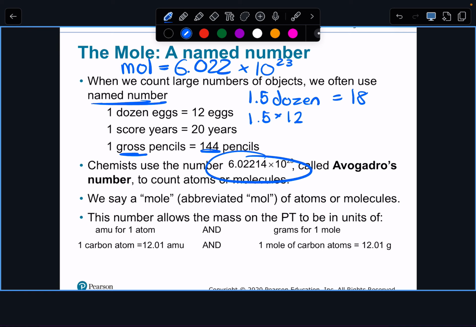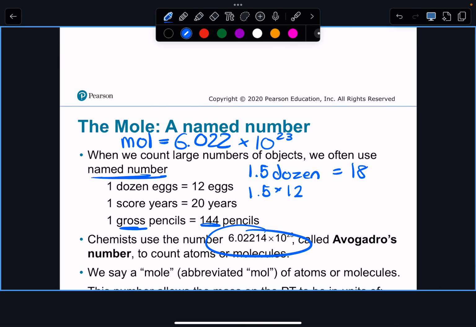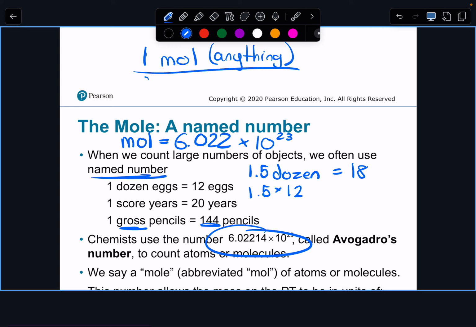Okay? So, one important conversion factor that comes out of this is simply that a mole is 6.022 times 10 to the 23rd. So literally 1 mole of anything is 6.022 times 10 to the 23rd anythings.